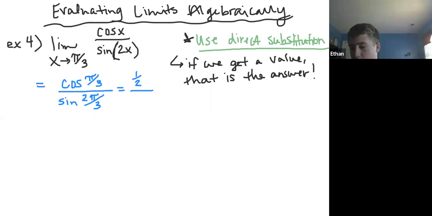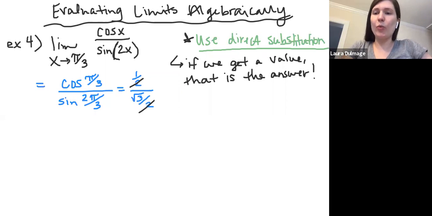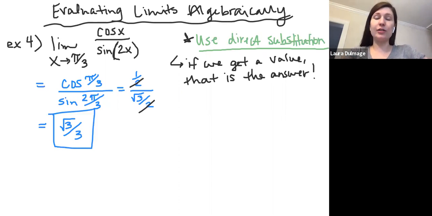Root 3 over 2. Cool. Okay, our 2's can cancel. So we have 1 over root 3, which when we rationalize will give us root 3 over 3. Okay, so we got just a numerical value again. That is our answer to our limit.